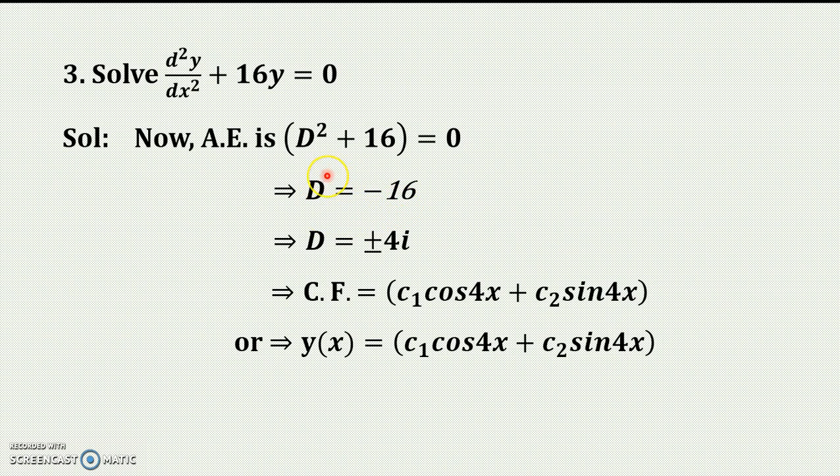Therefore D becomes plus minus 4i, and since these are complex roots where the real part is 0 and the imaginary part is plus minus 4, we write the complementary function using the third case, which is (c1 cos 4x plus c2 sin 4x) into e raised to power 0x. But e raised to power 0 is equal to 1, therefore we get a solution like this. Thank you.